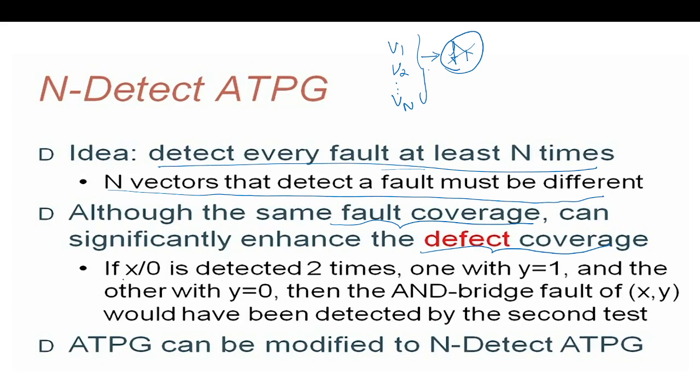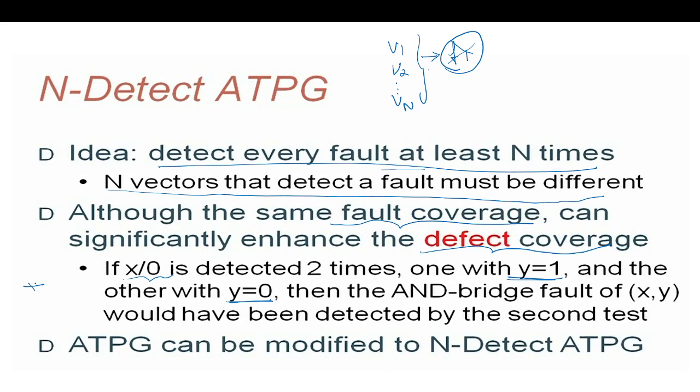Say x stuck-at 0 is detected by y equal to 1 and the other is y equal to 0.